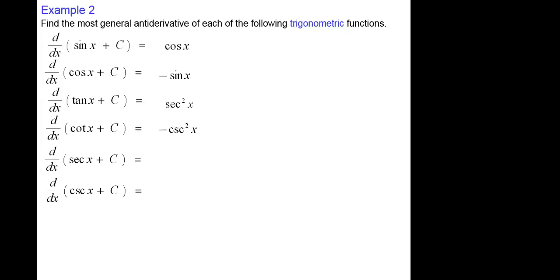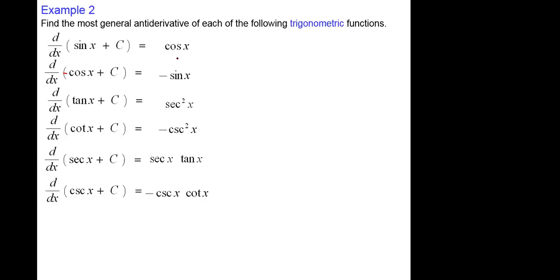Cotangent, negative cosecant squared. Secant, secant tangent. Cosecant, negative cosecant cotangent. Now I will ask for the antiderivative. Can you tell me the antiderivative for cosine of x? Of course, sine of x. Right. Now, what's the antiderivative for sine of x?